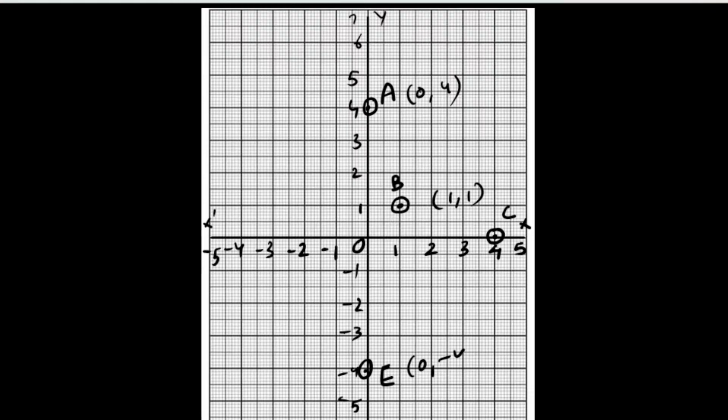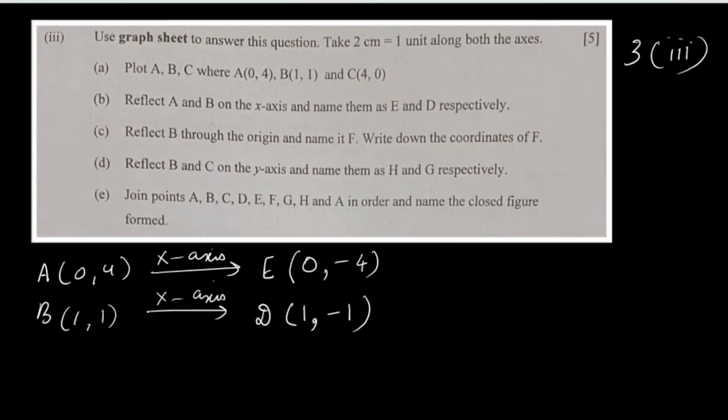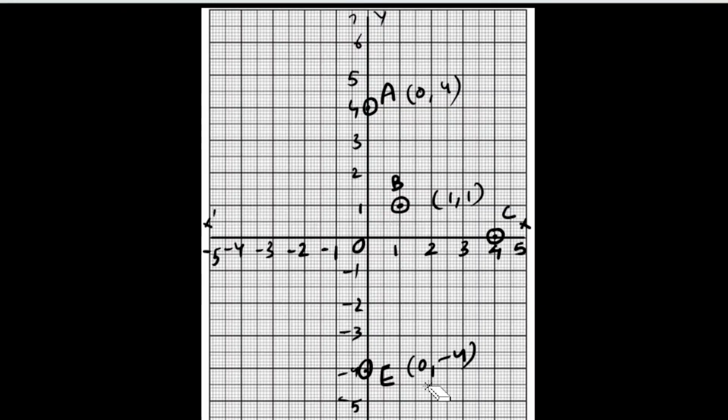Then we have, okay, this is D, not E. D is 1, -1. So on x-axis we have to locate 1. -1 is the lower side, so vertically down. So this is 1, -1. So I have plotted all the points till here.